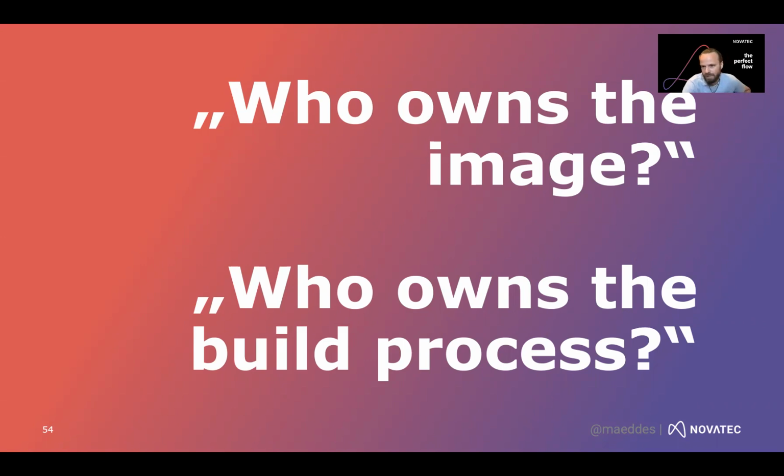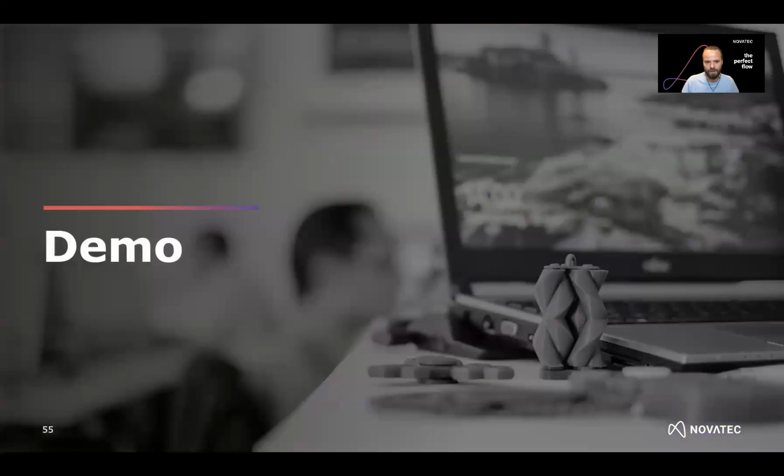And also, who owns the build process? Who will be called if things go wrong? So with the various options you have seen, it's basically your choice who you're going to trust and who you want to outsource the responsibilities to. I'm not saying one is better or one is worse. They just all have different advantages and things to consider when you put them in a pipeline.